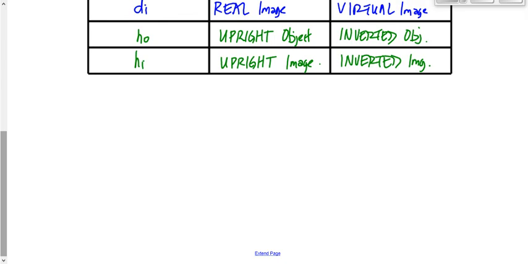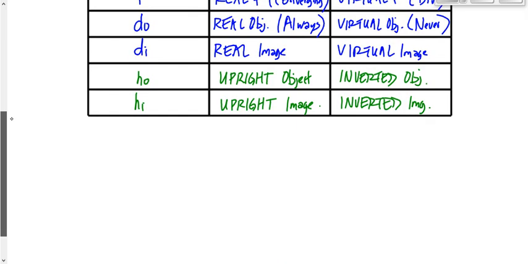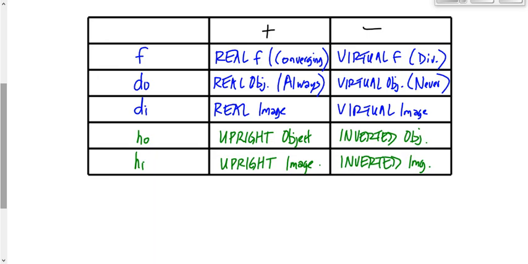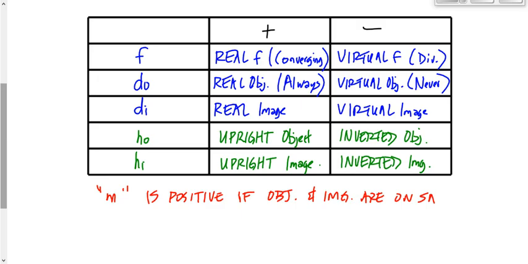And finally, we're missing one, but it doesn't really fit in the table so well. M, magnification, is positive if the object and the image are on the same side of the principal axis.